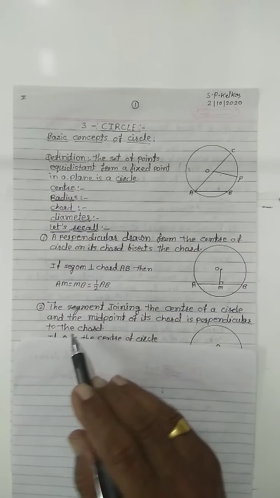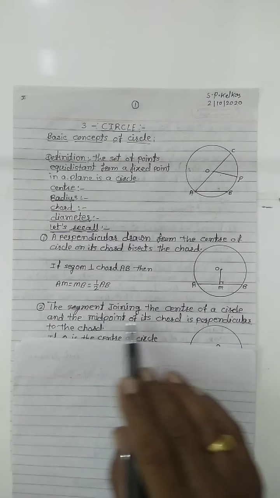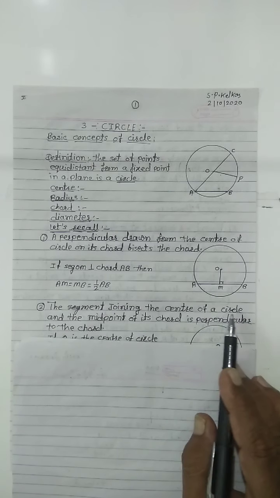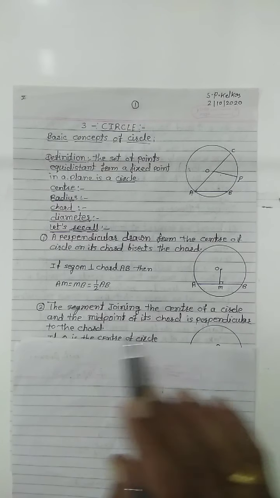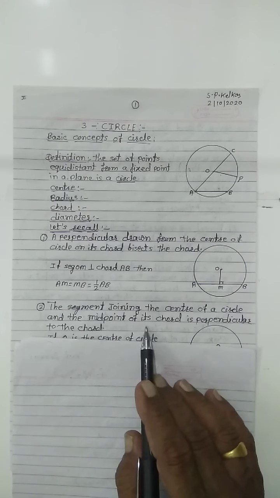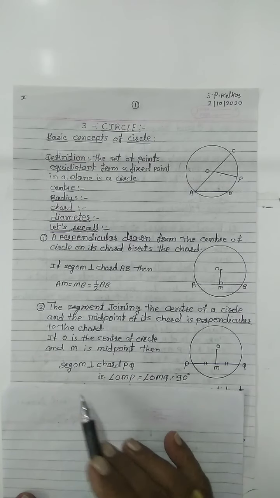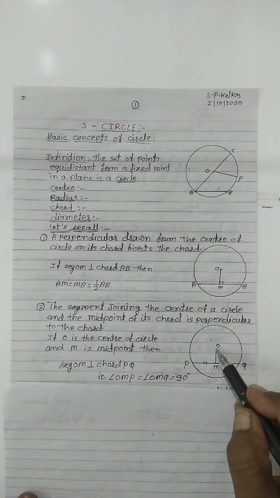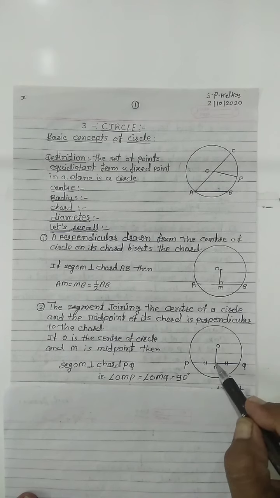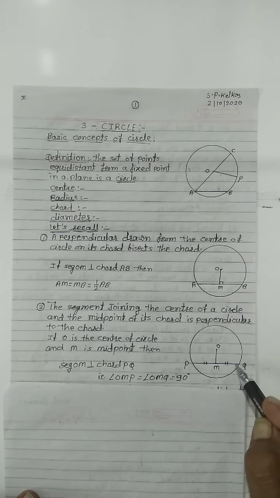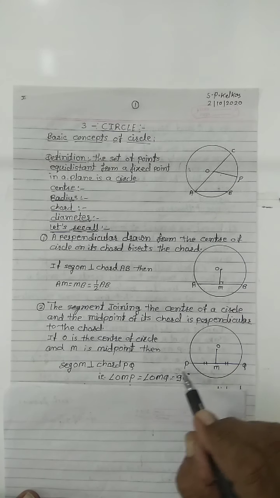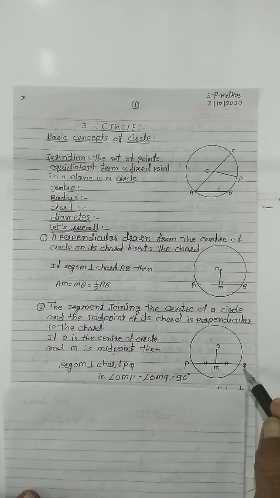The second property, the segment joining the center of a circle and the midpoint of its chord is perpendicular to the chord, means if center of circle and midpoint of any chord is joined, then we can say that OM is perpendicular to the chord PQ.